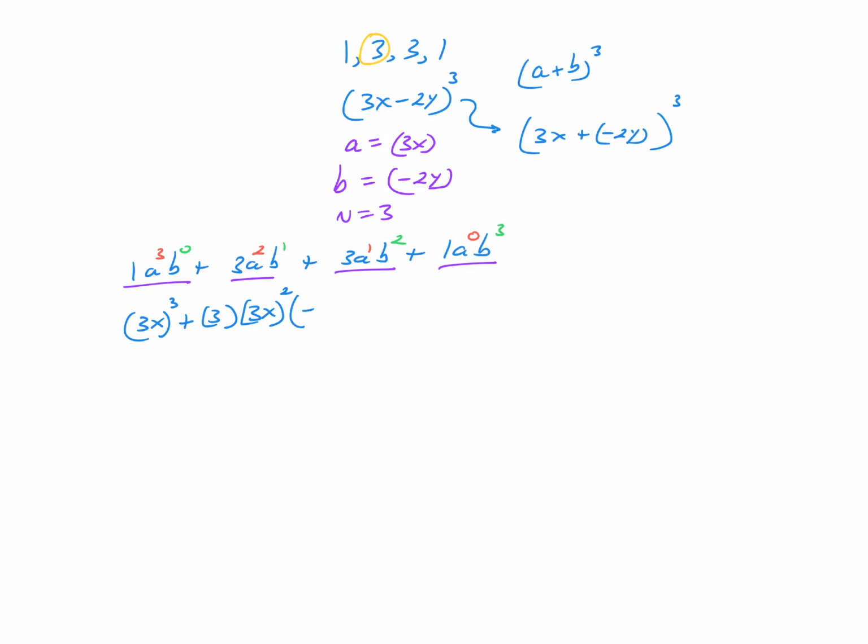Now my b substitution, minus 2y, and I'm not going to put to the first in, plus Pascal coefficient 3, a substitution 2x. Oh, sorry, I wrote 2x, I meant 3x. 3x. B substitution, negative 2y to the second, plus, I'm going to drop the 1 and the a to the 0th, leaving me the b substitution, negative 2y to the third.